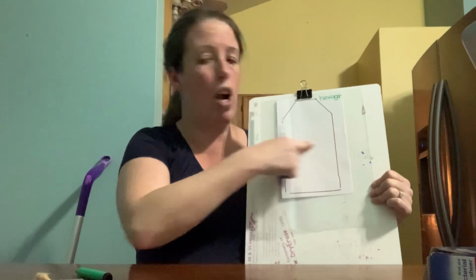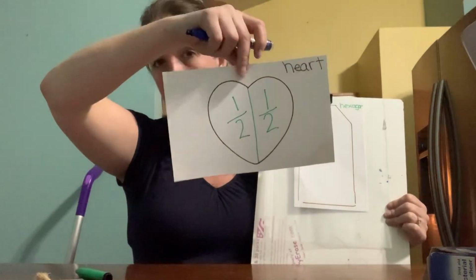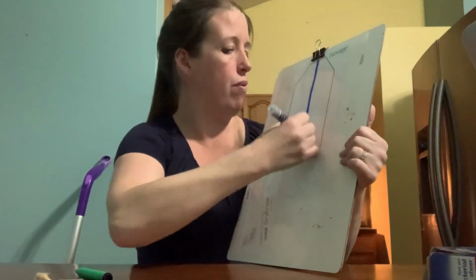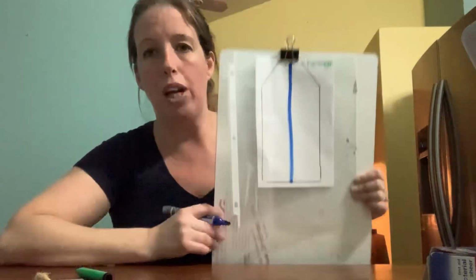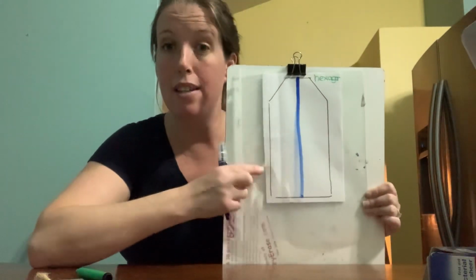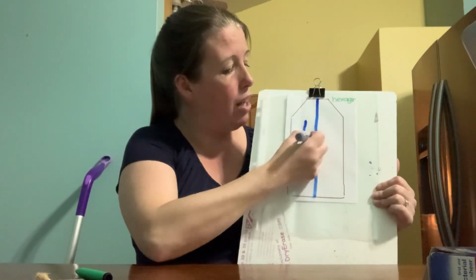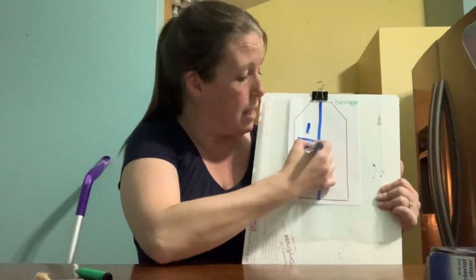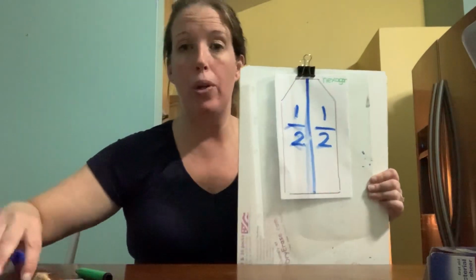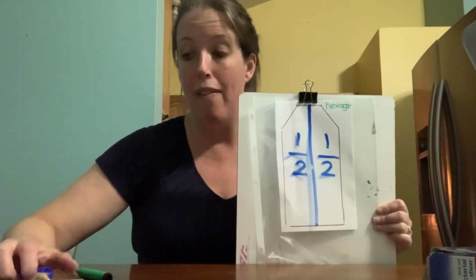So why don't I try what I did with my heart and go straight down the middle. And there we go. And now if I look, both sides look exactly the same. So this side is one of my 2 pieces, and this side is one of my 2 pieces. So they're both partitioned, and it's partitioned into halves.